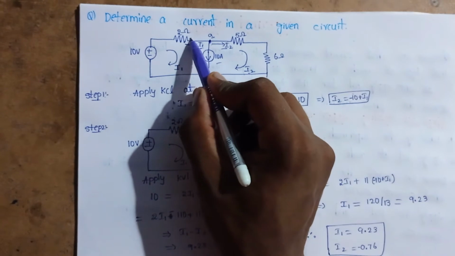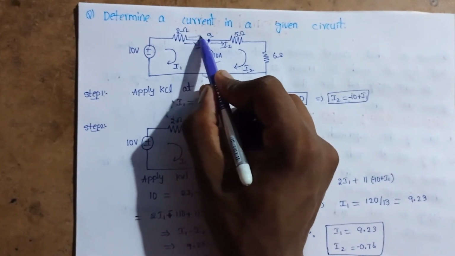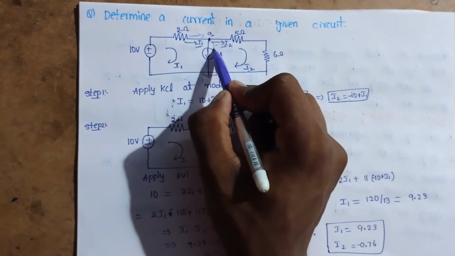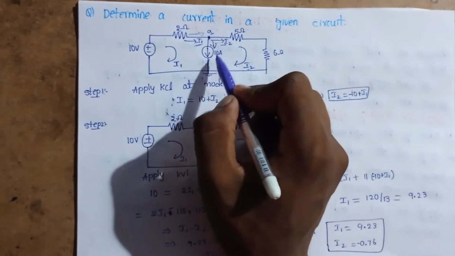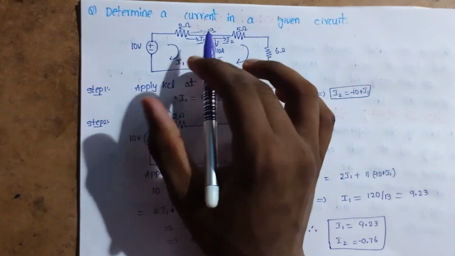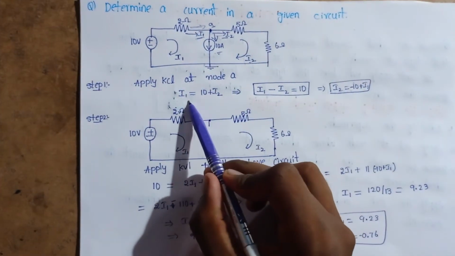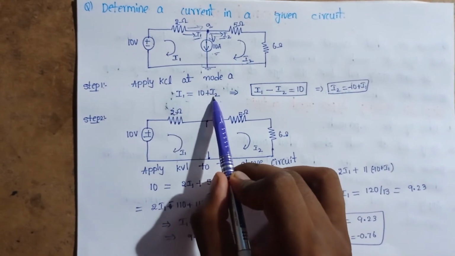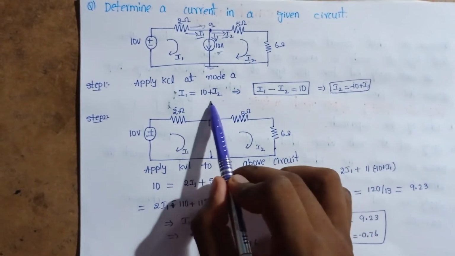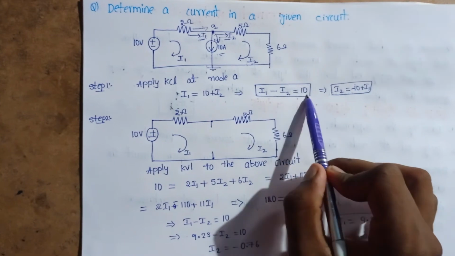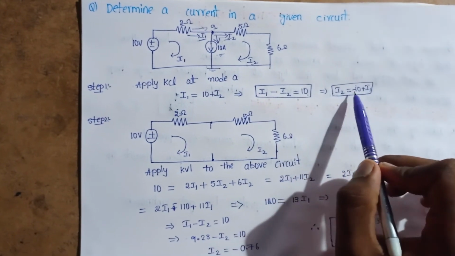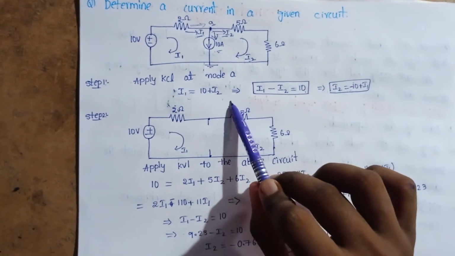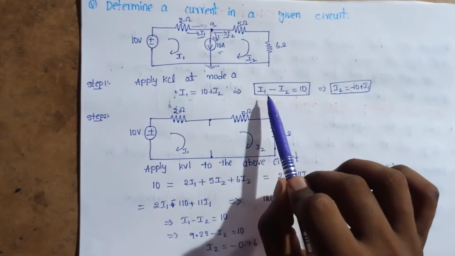So according to KCL, I1 equals 10 plus I2. From this equation, I1 minus I2 equals 10, that is, I2 equals minus 10 plus I1. Here we applied KCL.